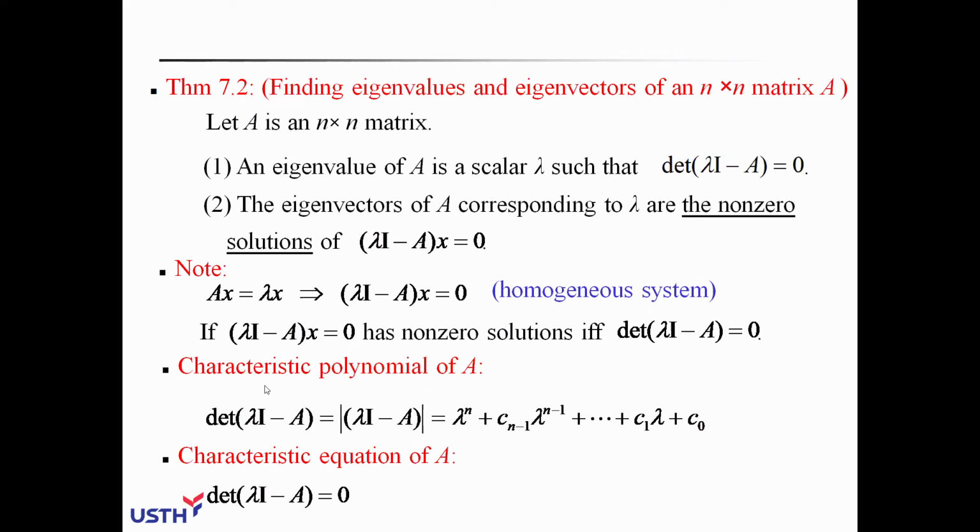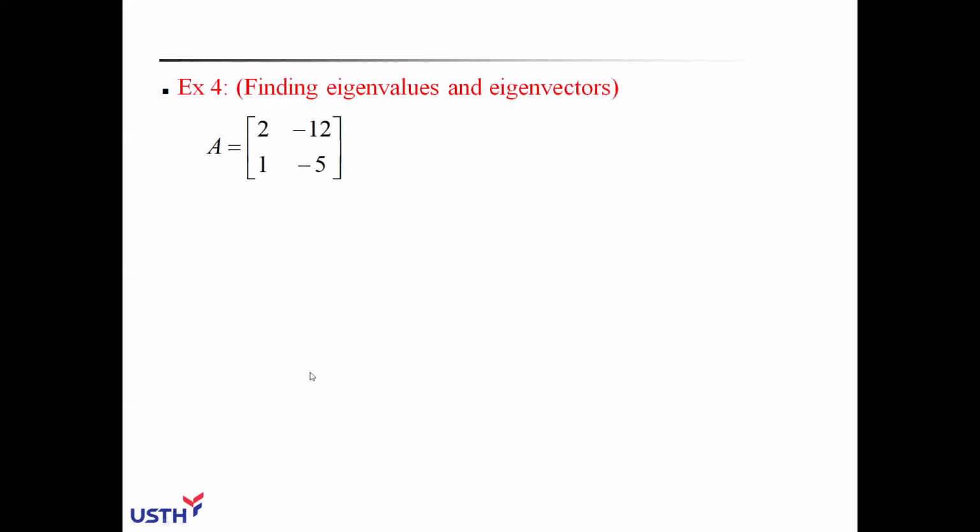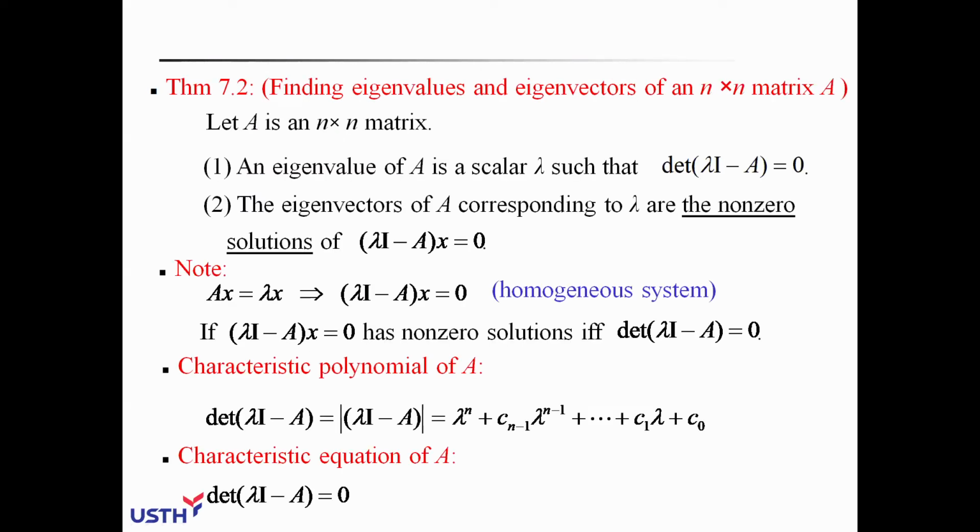It has the name characteristic polynomial of A. Here is some example. I will leave it for you to read, and I want to stop here for today about that.